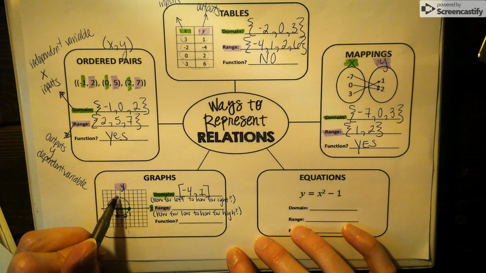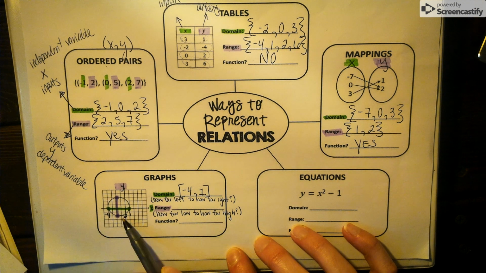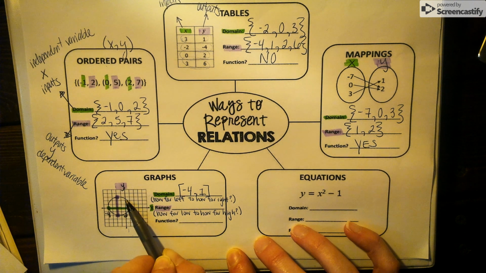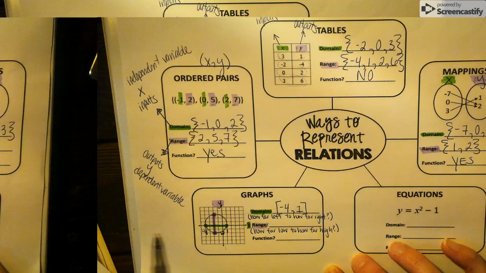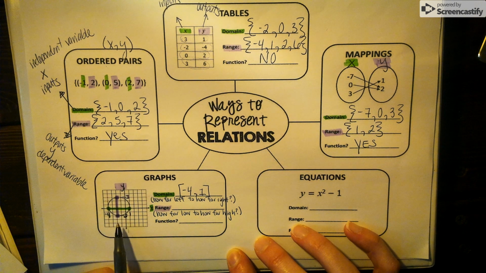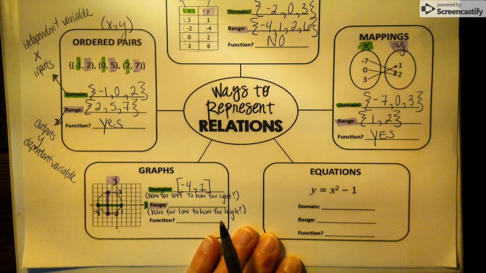So the lowest point this graph goes is at -2 on the y. Then if I'm traveling up with my eyes along the y-axis, I want to see how high it goes. And that is at +3. Again, I'm not looking for the actual coordinate point. I'm just seeing how low on the y-axis and how high on the y-axis this graph goes.